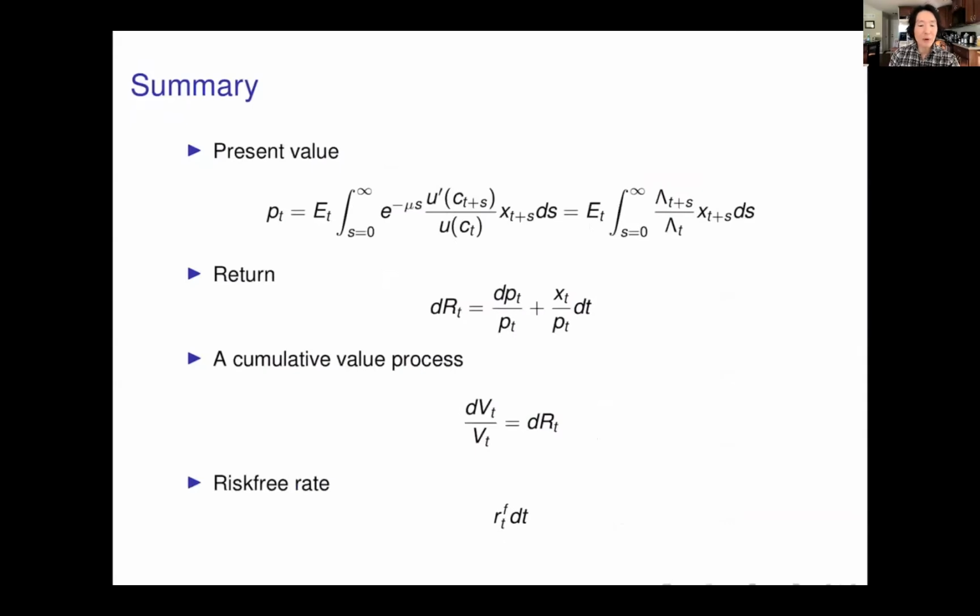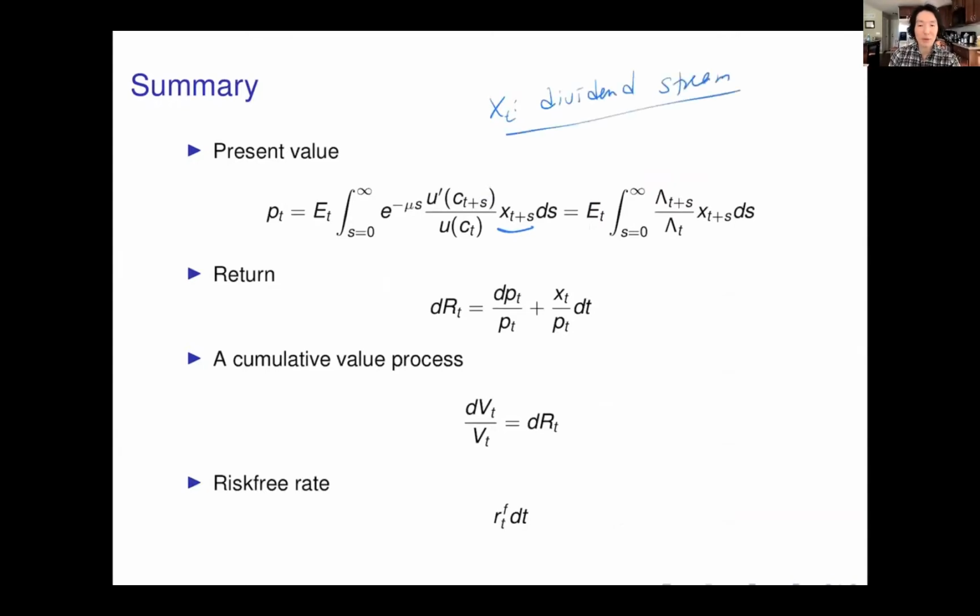Now, let me summarize what we have done so far, okay? Especially in terms of the analogy between the discrete time and the continuous time. Now, the present value, the price of any asset, is basically discounted future cash flows. Okay? So suppose X is the future dividends, X_t is the dividend stream.